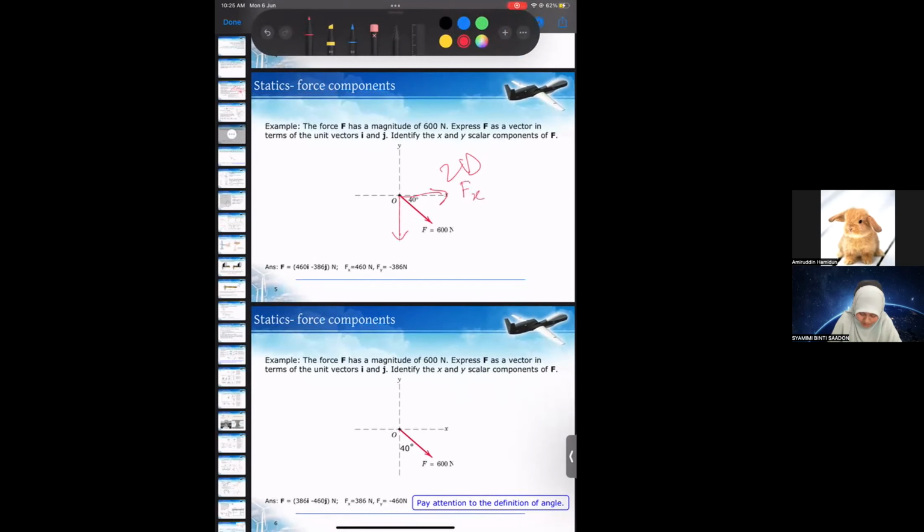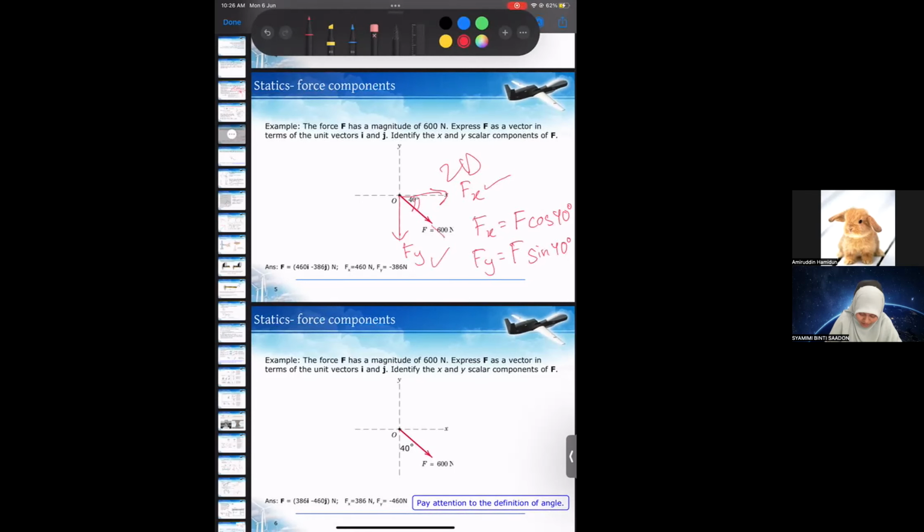This one we will call Fx, and this one is Fy, the direction of X and Y. By knowing the angle of the direction of the force, we can compute the value of Fx and Fy. So normally Fx is F, 600 Newton cosine 40 degrees, and Fy is F sine 40 degrees.